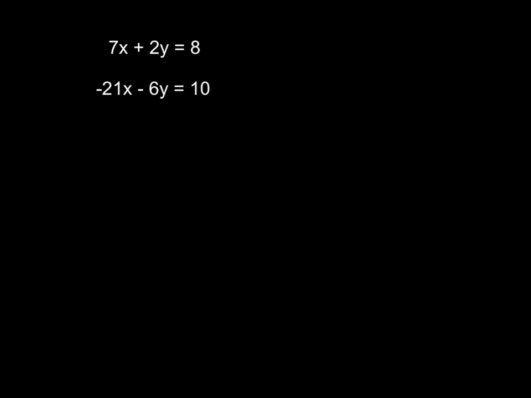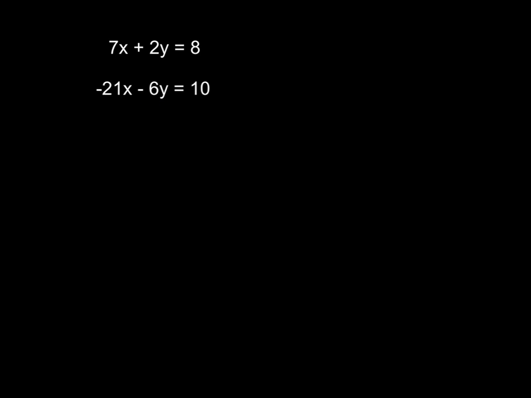Here's one more example of elimination. I'm going to look at the y's because those numbers are a little bit smaller. And I see this is 2y and this is negative 6y. I know I can multiply this top number by 3 and make that positive 6y. So when I add it to negative 6y, I'll get 0.